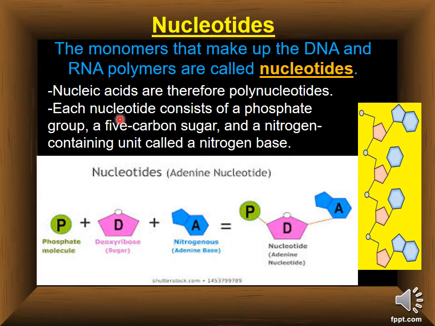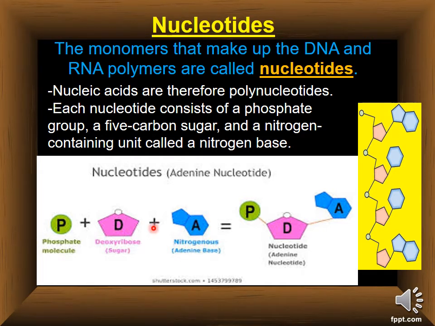Each nucleotide consists of a phosphate group, a 5-carbon sugar, which is called pentose sugar, remember 5 means penta, and a nitrogen-containing unit called nitrogen bases. Here adenine is there.